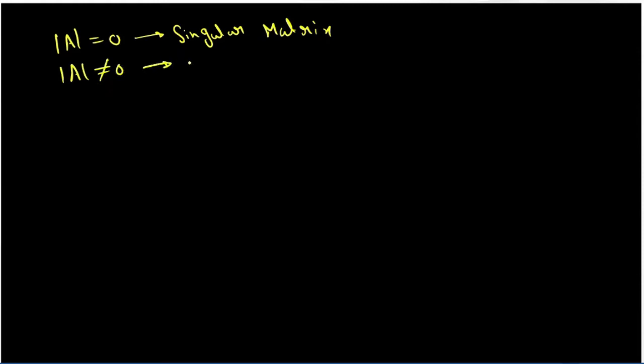So, if the determinant is equal to 0, then the matrix will be known as a singular matrix. And if the determinant is not equal to 0, then such a matrix will be known as a non-singular matrix.